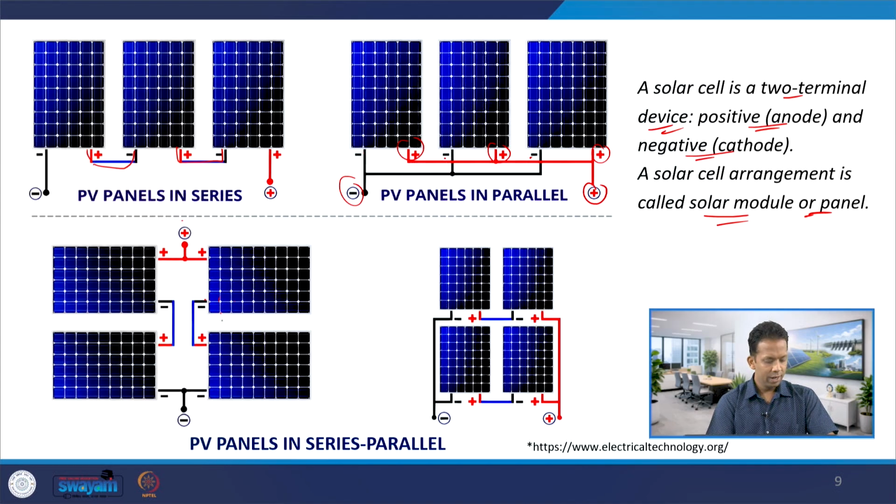So these two cells are in series, these two are in series, and now this combination is in parallel with this combination because of the positive and negative connections. The other way is to have this vertical connection, so these two are in series now, and the combination of these two would come in parallel when we have positives and negatives connected separately. So this is the way PV panels are arranged in series parallel depending on the plant capacity.